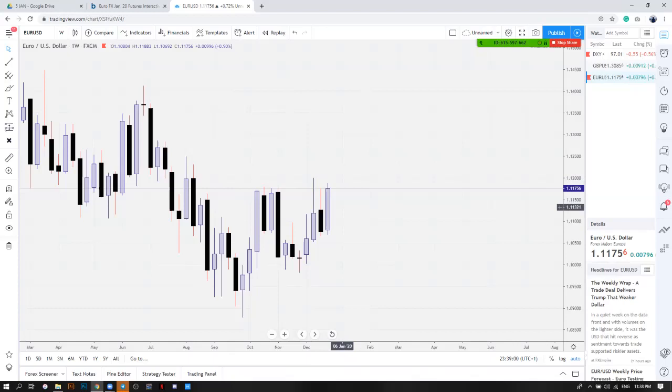Like in every single candle, 1 minute, 5 minute, every candle has the open, the high, the low, and the close. Now, we all know that each weekly candle contains all the price action in a week on that particular currency, all the weekly data feeds contained in one weekly candle.